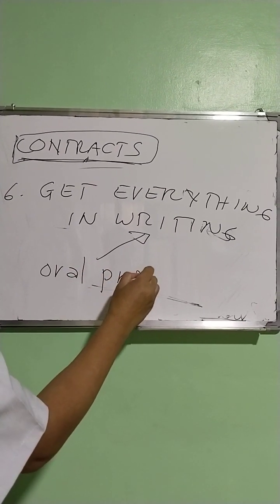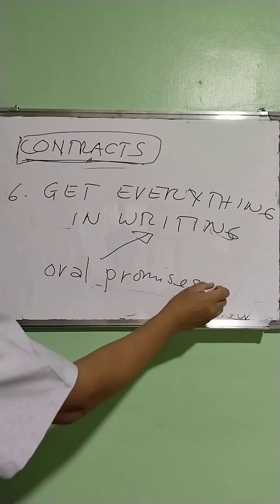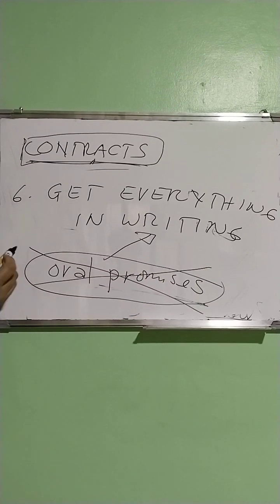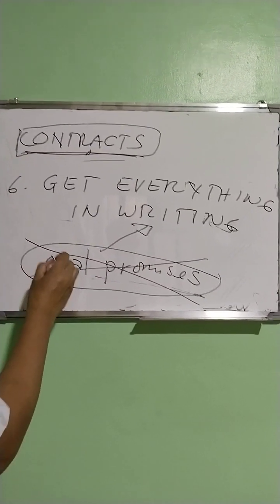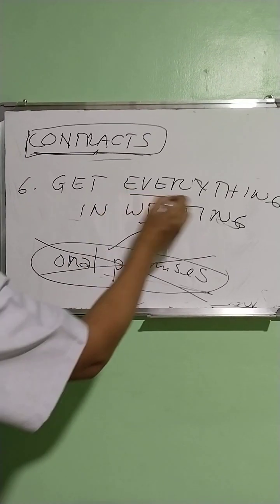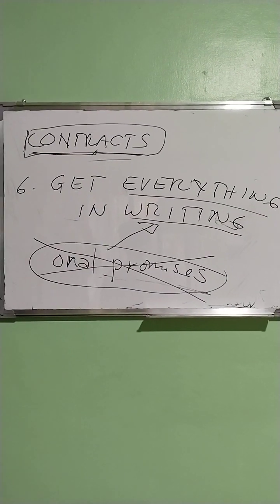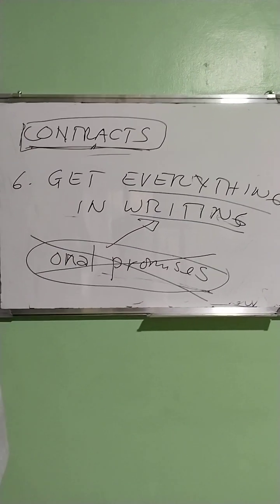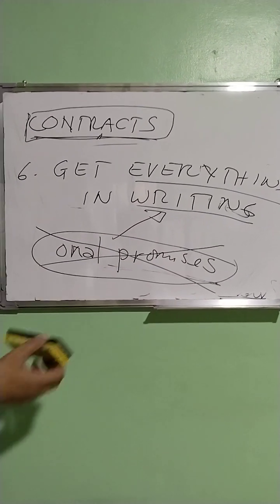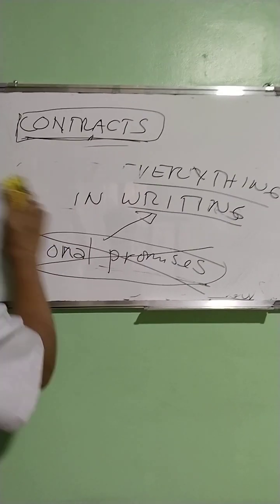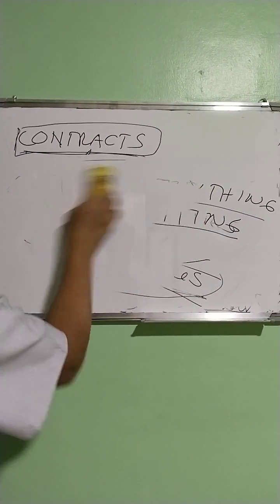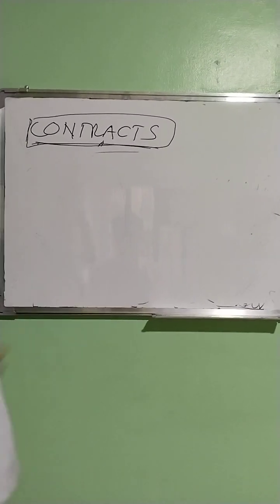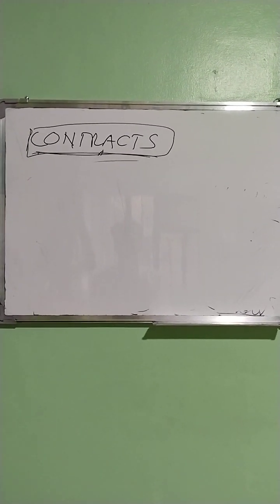No matter how trusted the person you are relying on, do not rely on oral promises. Everything has to be in writing. Every promise has to be in writing. Otherwise, you might be affected by all these verbal promises, and then voila, there is nothing at all in the document.